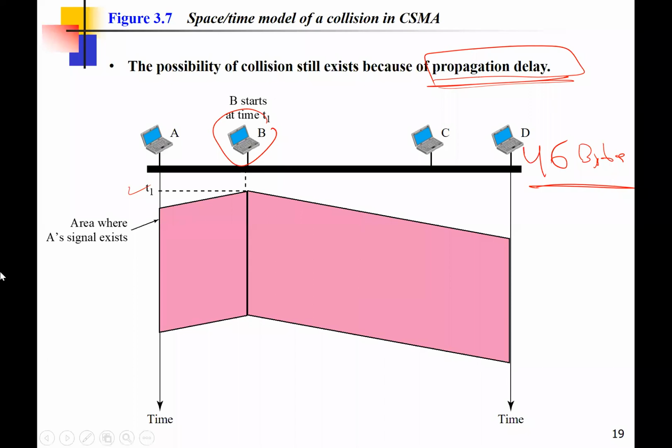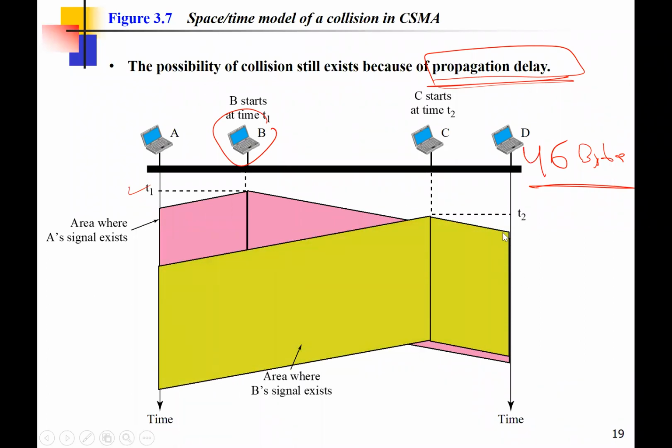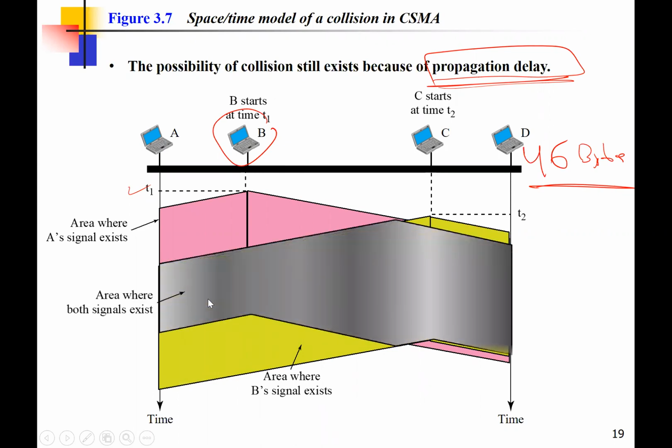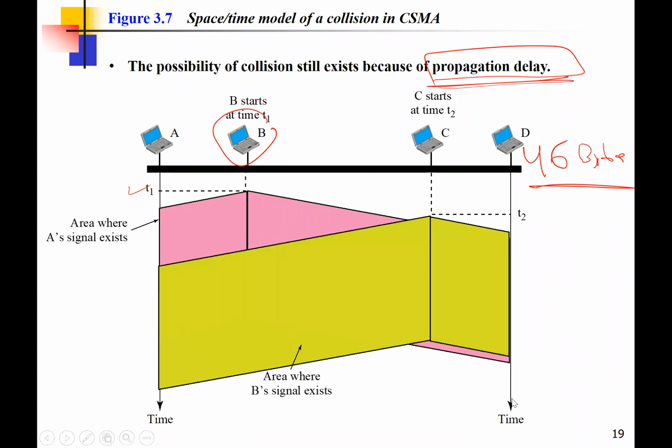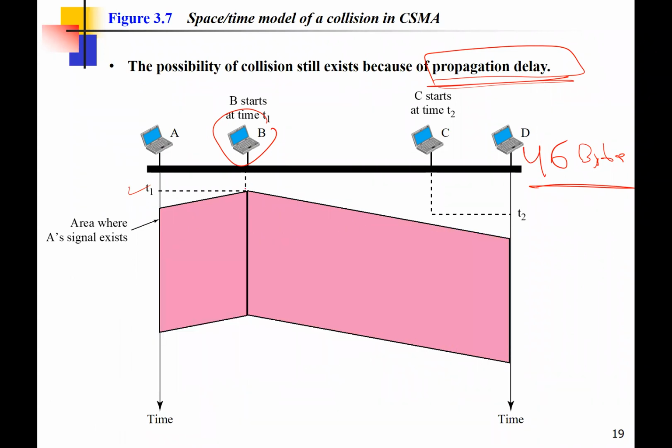So now what's going to happen at time T2? And again, that's before the collision detection, all right? So let's say at this time B sends data to A. Remember, there is always a delay.